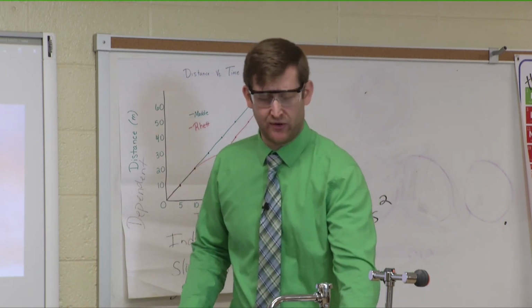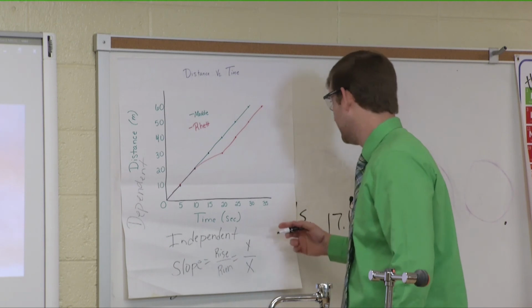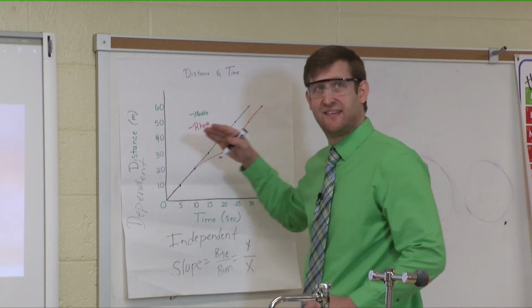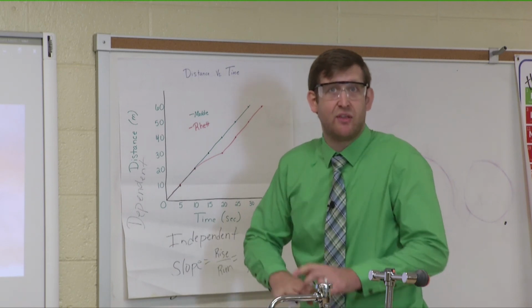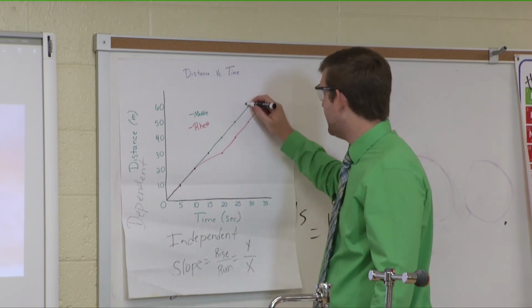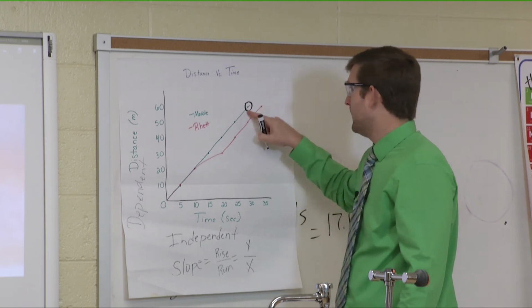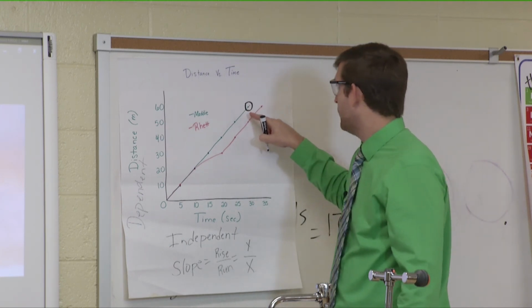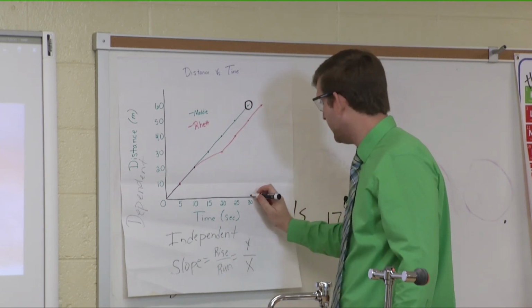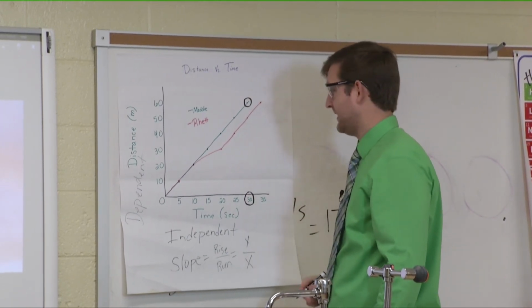And the way you want to do that is you take the furthest distance either of them traveled and the total time that it took them to travel. So with Maddie, Maddie traveled a total of 60 meters, but she traveled it in 30 seconds.